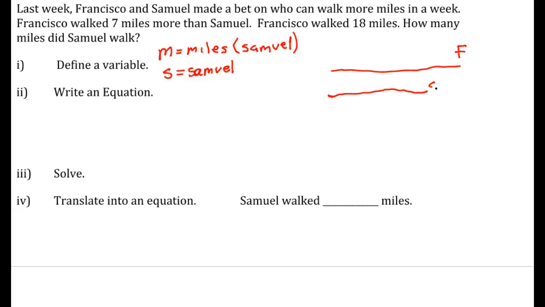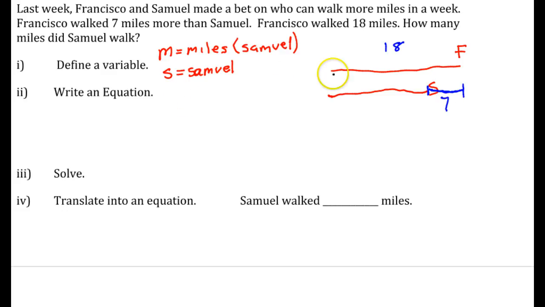Okay, that's Samuel. Francisco walked 18 miles, right? How far is it from here to here? So how much more did Francisco walk than Samuel, according to the question? 7 more miles.